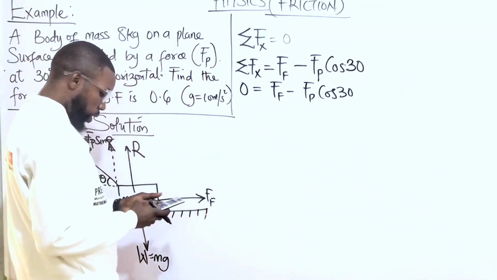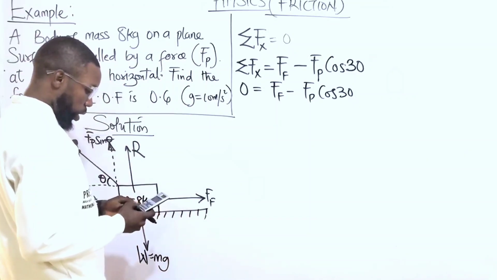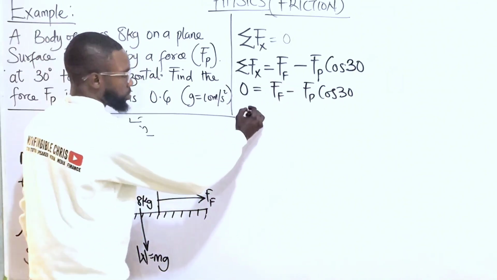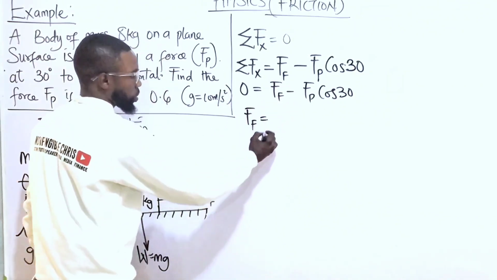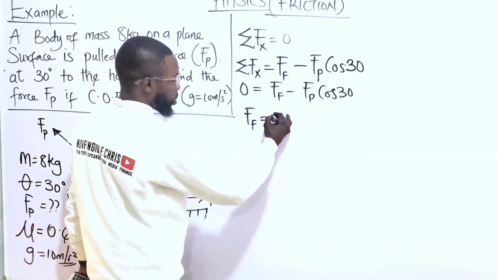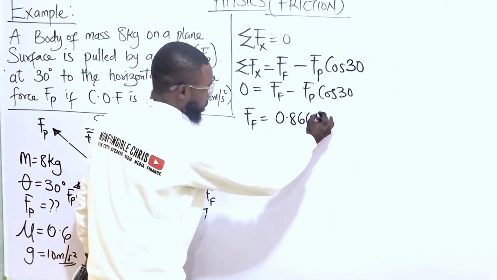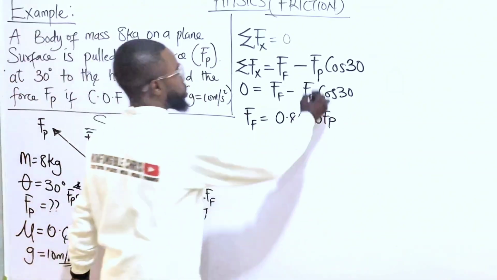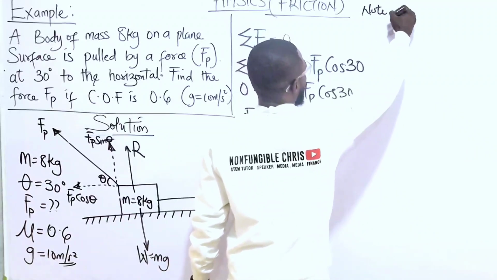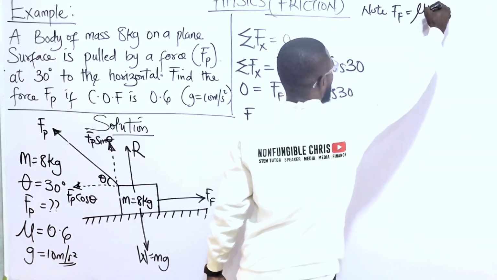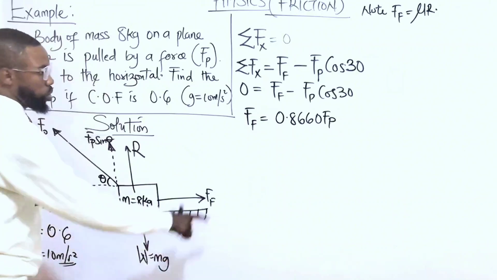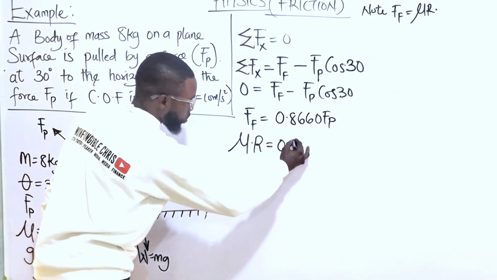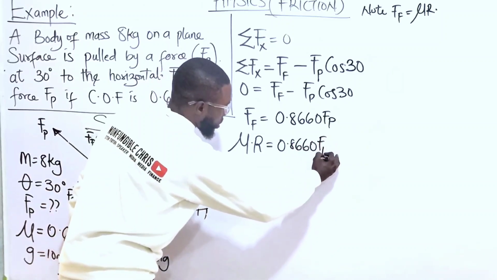What's cos 30? I believe 0.866. Cos 30 gives us 0.866. So if we collect like terms, our frictional force is going to be 0.866 Fp, right? And we are aware that frictional force is equal to mu R. So we'll substitute mu R equal to 0.866 Fp.